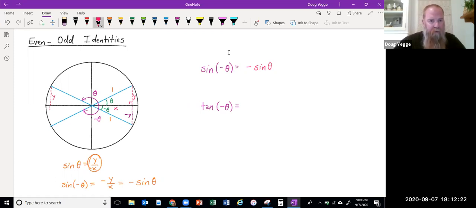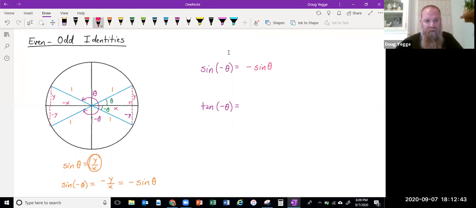We would see that going downwards would be negative y. Obviously, our hypotenuse is 1. And now for both of these, it appears that my x coordinate is negative x because I went backwards into the second quadrant. So let's take a look again.